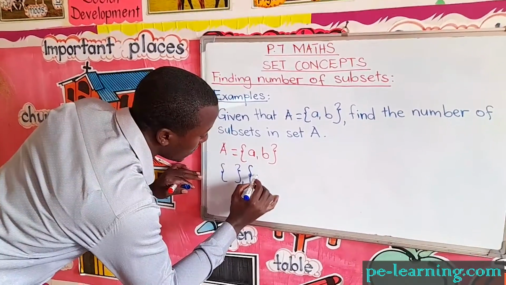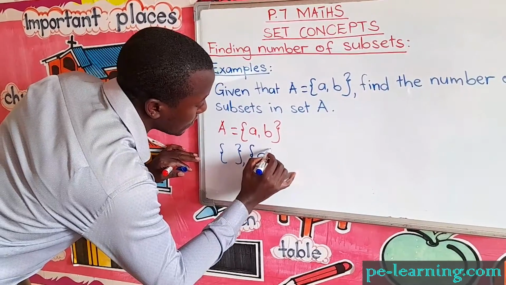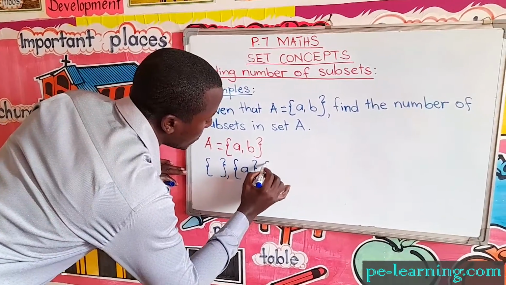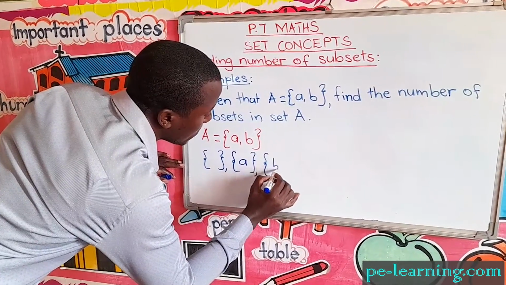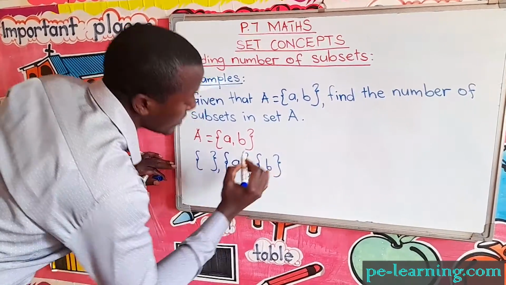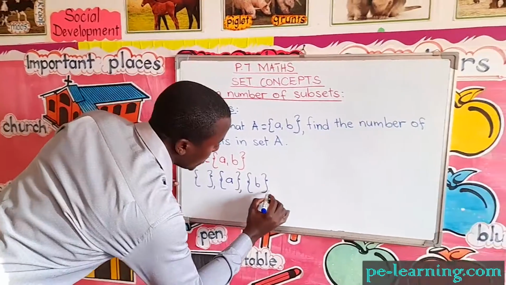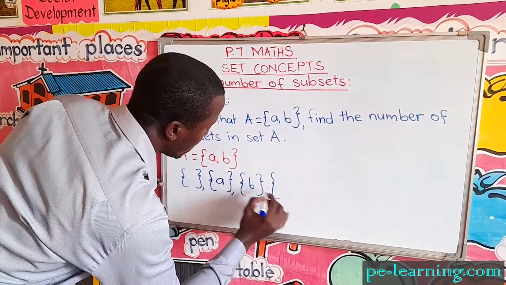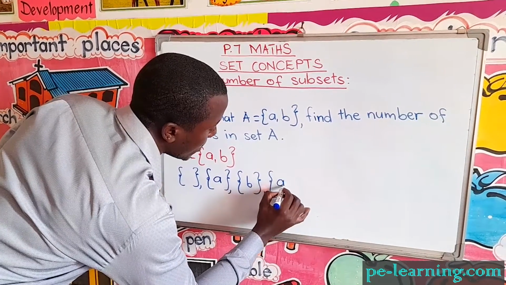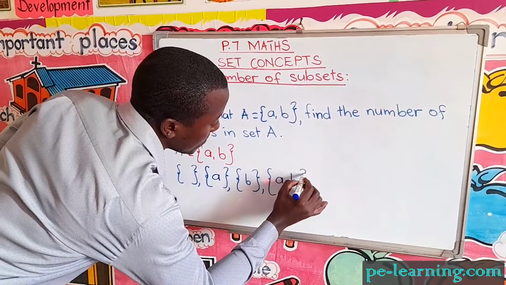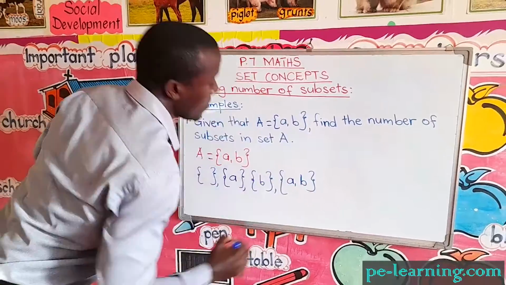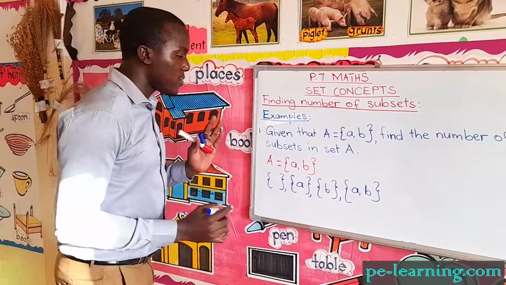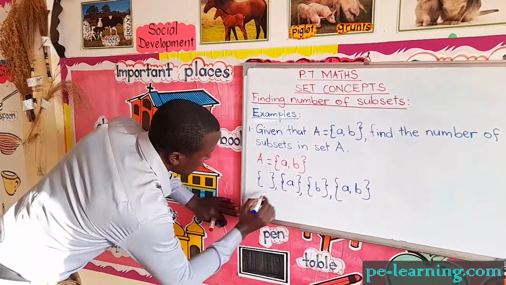So we are going to have {A} forming a subset, then {B} also forming a subset. And then the last subset is going to be the mother set, {A, B}. That means our set A has 4 subsets.